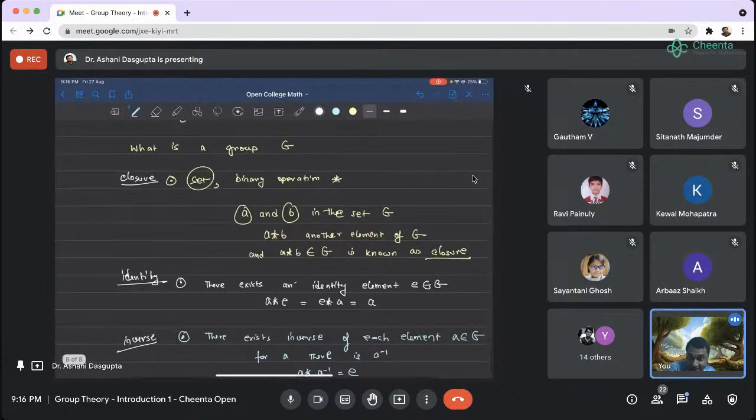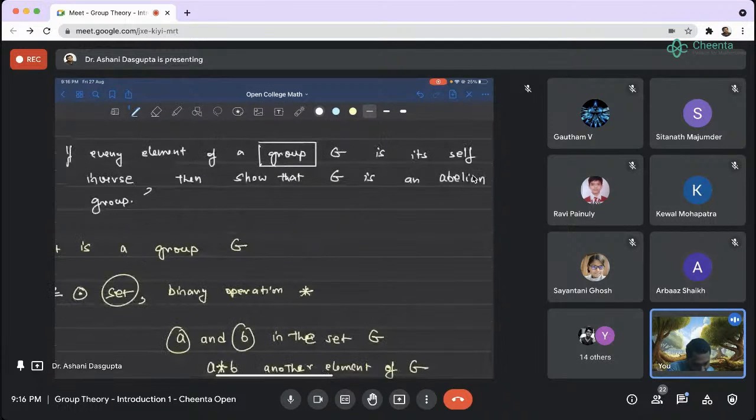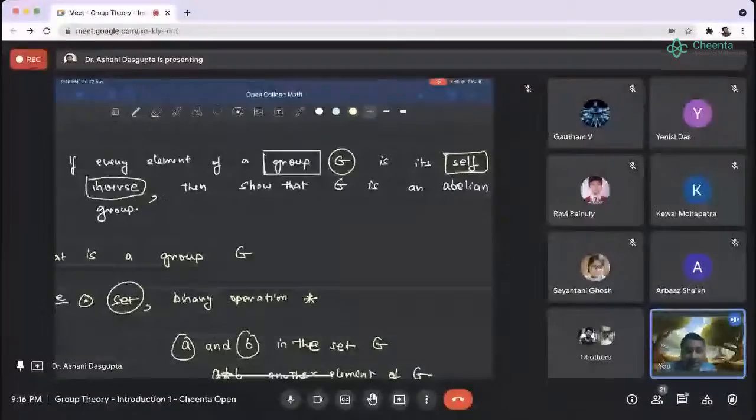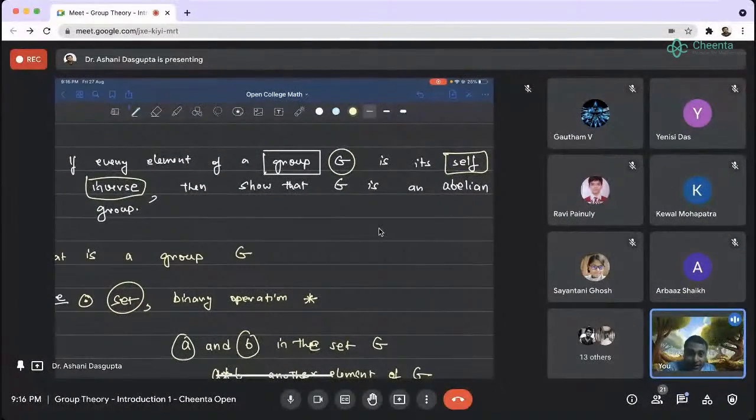Now that we understand the basic definition of a group, let's get back to this problem and see if we can understand all the words in this sentence. If every element of a group G is its self-inverse, then G is a particular group that has a very beautiful property. And what is the property?